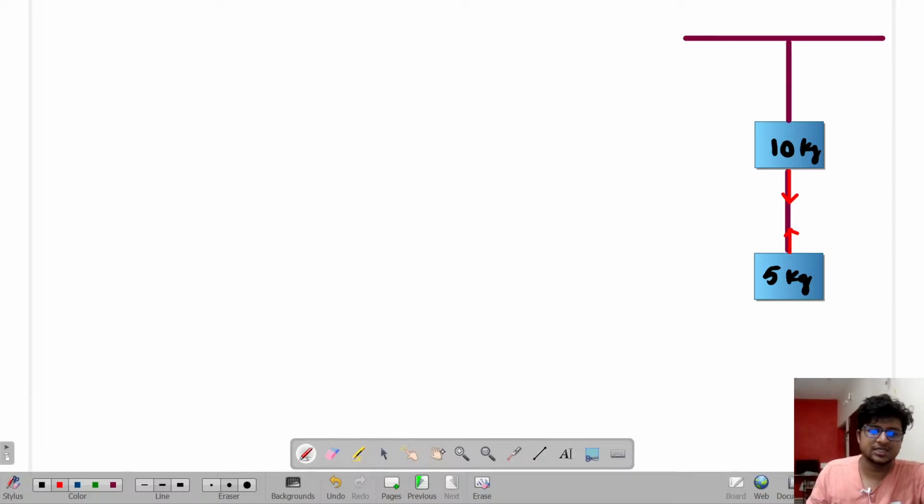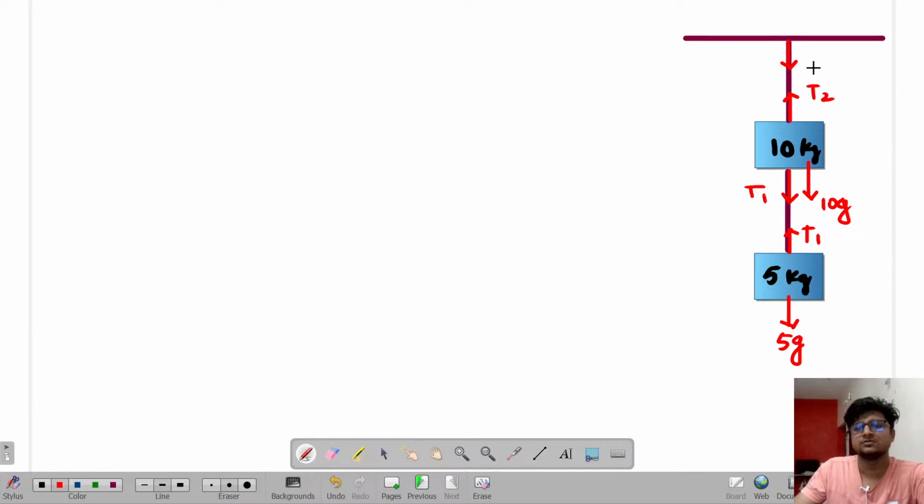So this means how many tensions will I have? I'll have two tensions, correct or not? And the weight of the body is like this. Is that clear or not? So look over here. First of all, this is 5g. This is tension T1. This is also tension T1. This is going to be 10g. This is T2 and this is T2.